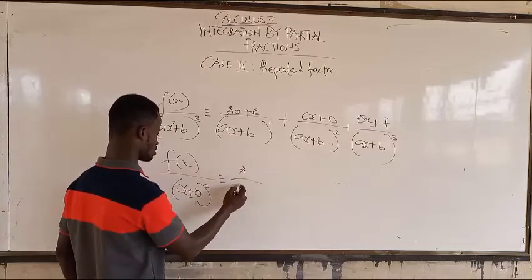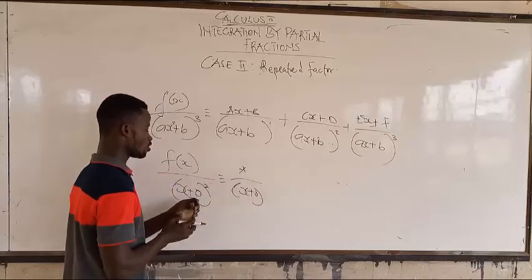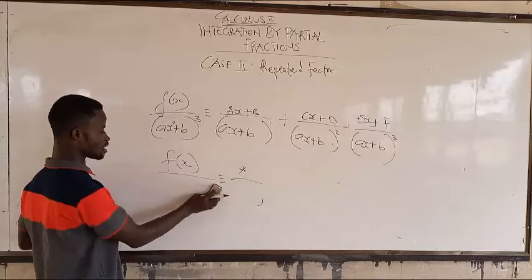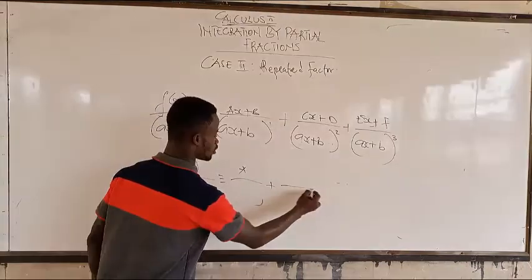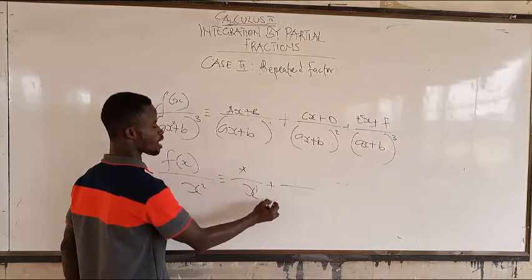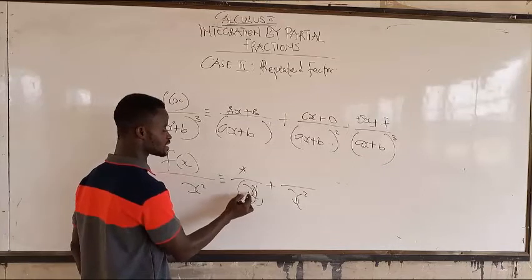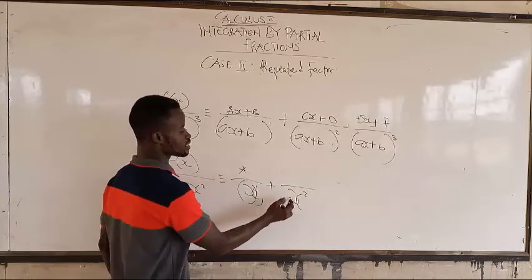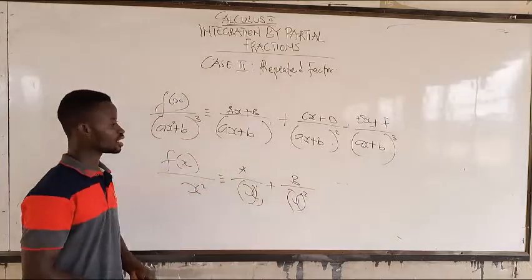a over x plus 0. So now we know that this is the same as x squared, and it's a repeated factor. So you're going to get x power 1 and x power 2. And since the inside here is linear, here will be A. Since the inside here is linear, here will be B. I hope it's clear.